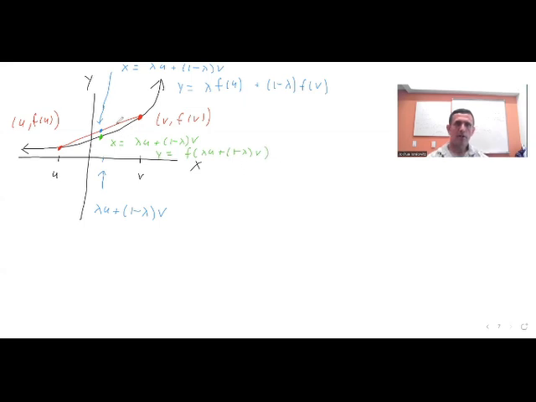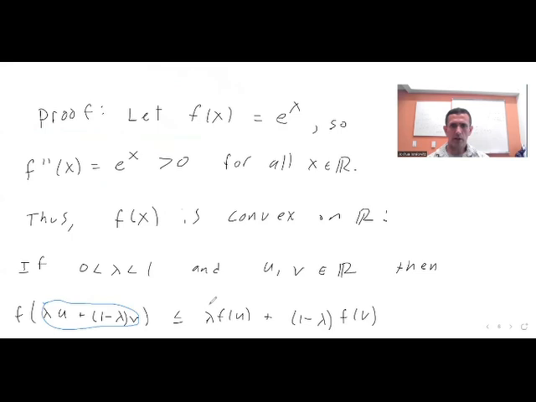Okay, so this is literally saying convexity, that the line segment containing these 2 points here sits above the actual graph. That's exactly what convexity says. This line segment here sits above this graph here. Okay? And the y value for this blue point is exactly this here.